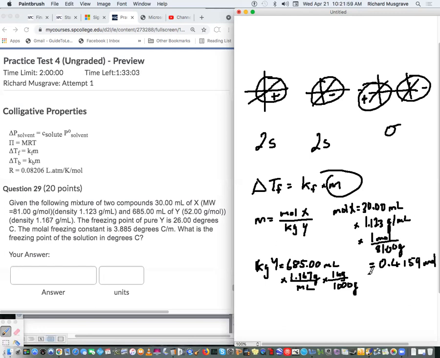And that comes out to be 0.7994 kilograms.